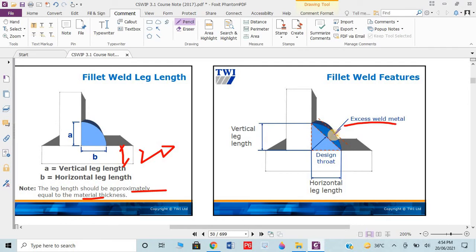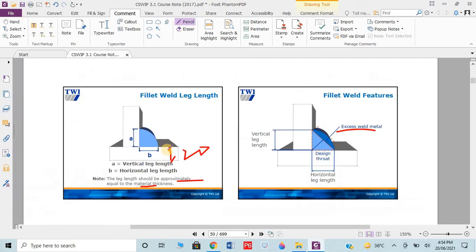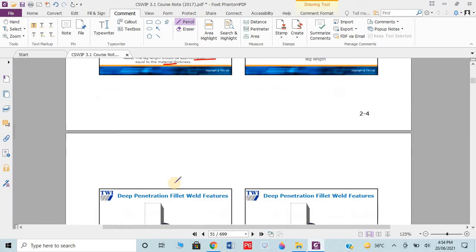This is excessive welding. If we want to calculate the actual throat thickness, then design throat thickness plus excessive weld metal is the actual throat thickness. We have two terms: leg length, from root to toe, either horizontal or vertical. From root to welding central portion, it's called throat thickness. One is design throat thickness, the second one is actual throat thickness.